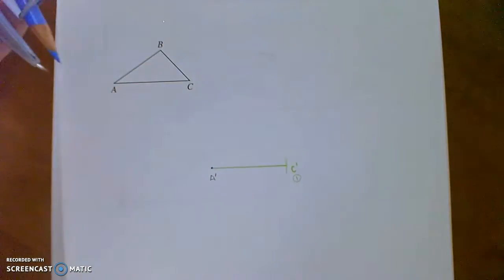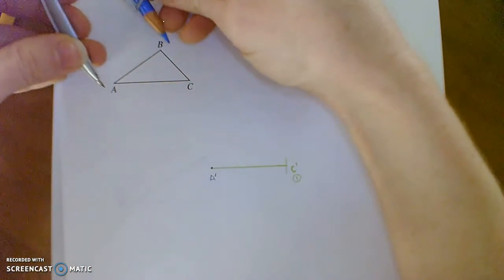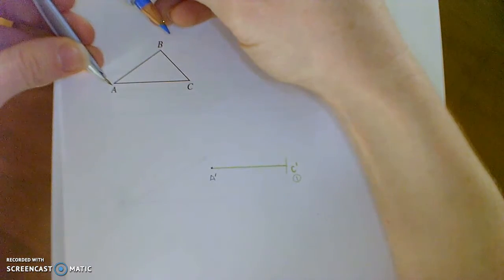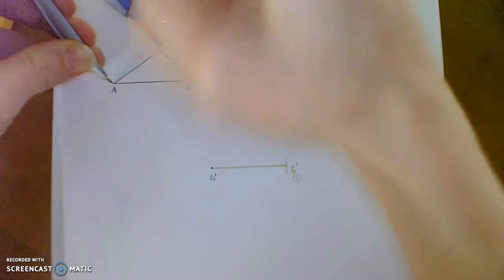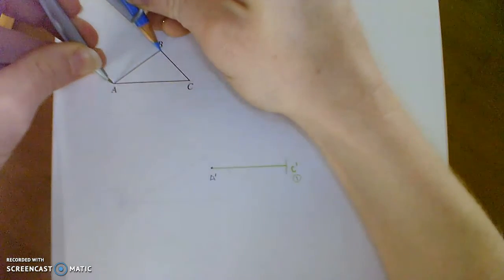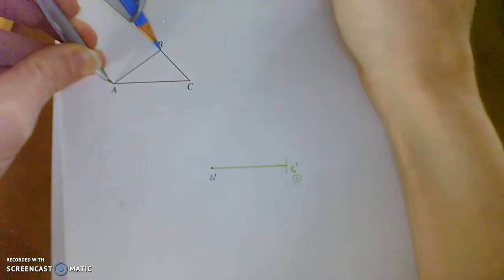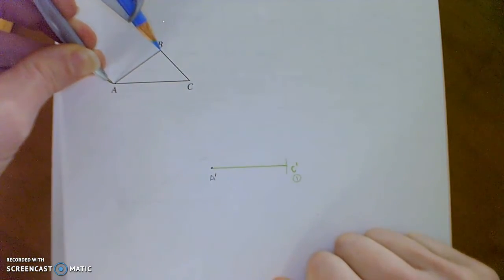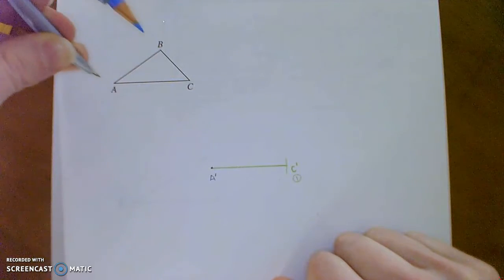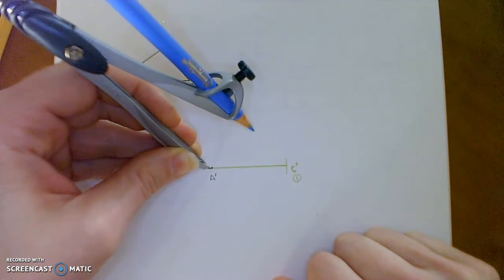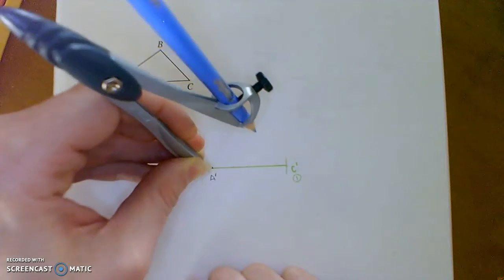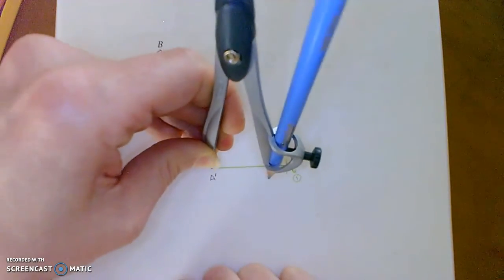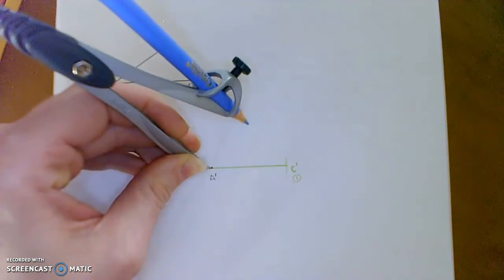First I need to copy the side length AB over. So I'll take my compass, I'll set the center at A, and then my pencil at B. So now I have this length copied, and I will bring that over here, setting the point at A prime. And I don't know exactly where B prime is going to be, but I know that it'll be this distance away from A prime.